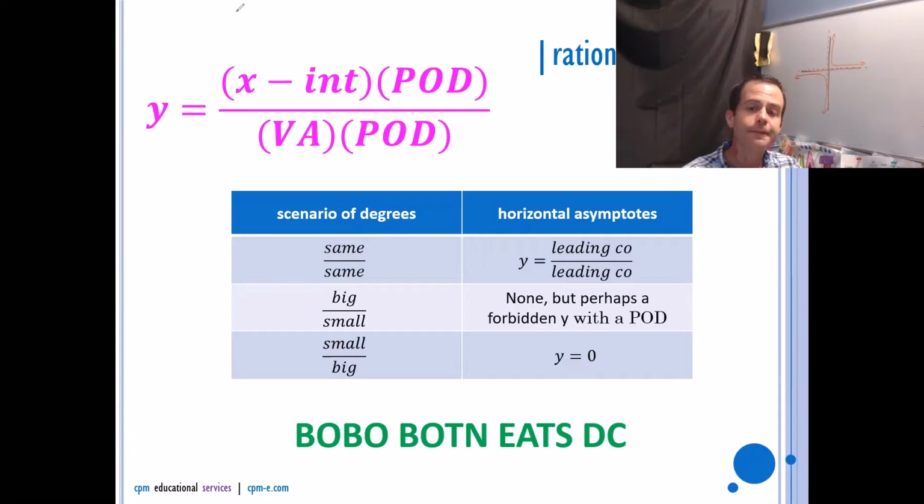If the degree on the top is bigger than the degree on the bottom, say we had y equals x squared plus 2 over x, I've got a degree 2 on the top and a degree 1 on the bottom. There will be no horizontal asymptote there, but there still may be a forbidden y value because there still could be a point of discontinuity there. And if I have small over big, then it will always be y equals 0. Okay, y equals 0 will be your horizontal asymptote there.